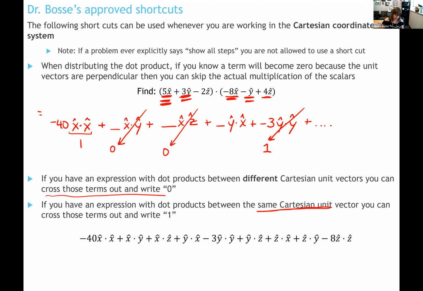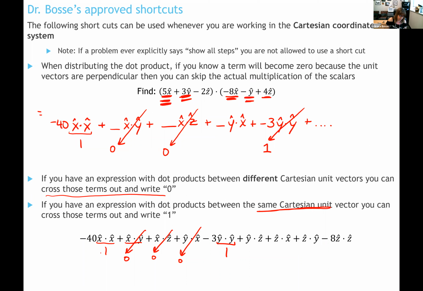So again, I wrote it out a little bit more this time. So this term right here has x hat dotted with x hat. You can replace that with the number 1. This term has x hat dot y hat. That's going to go to 0. That one's going to go to 0. That one's going to go to 0. This one right here, that's going to go to the number 1. So don't forget that you're still multiplying that 1 by the scalar in front.